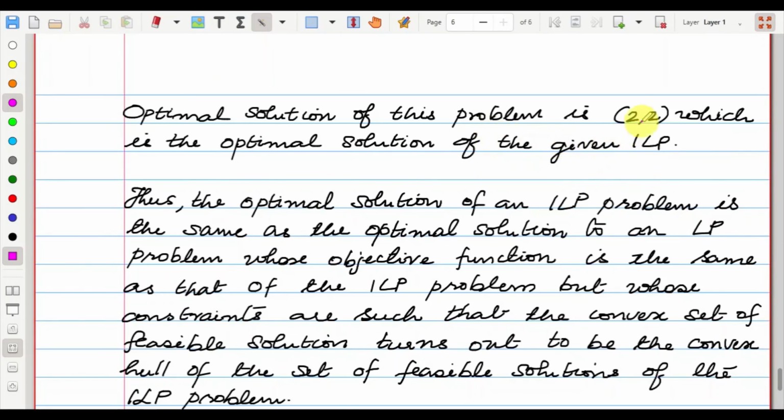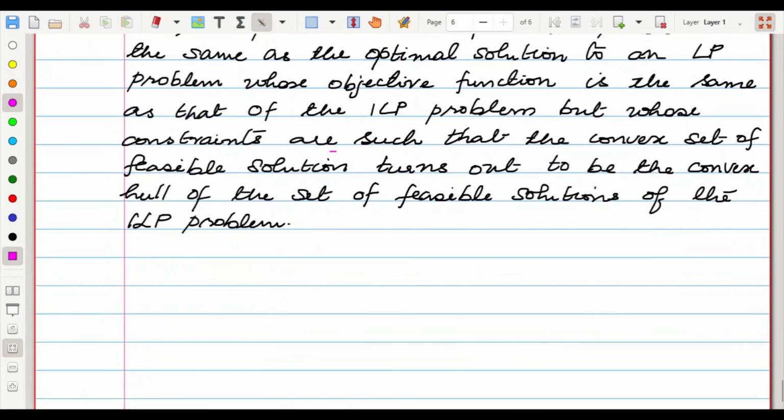So in both cases, we got the optimal solution as (2, 2). Thus, the optimal solution of an integer LP is the same as the optimal solution of a linear programming problem whose objective function is the same, but whose constraints are such that the feasible set turns out to be the convex hull of the set of integer solutions of the integer programming problem.